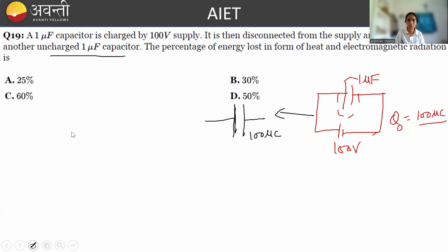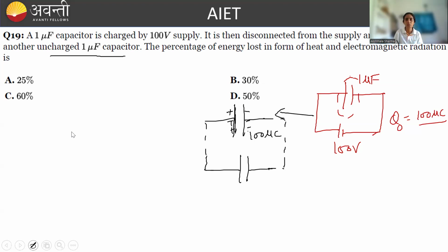So we are establishing its connection with another capacitor which is uncharged. Okay? So the percentage of energy lost in the form of heat and electromagnetic radiation is how much?